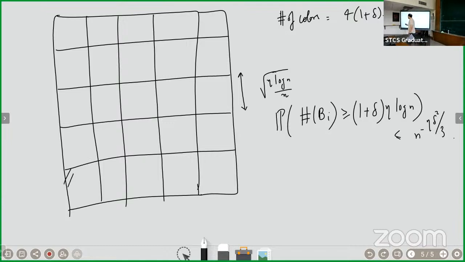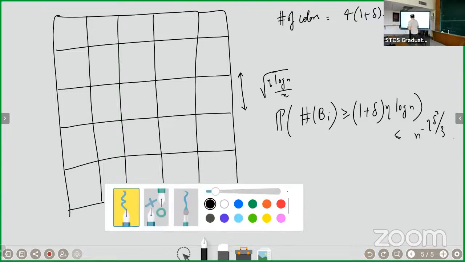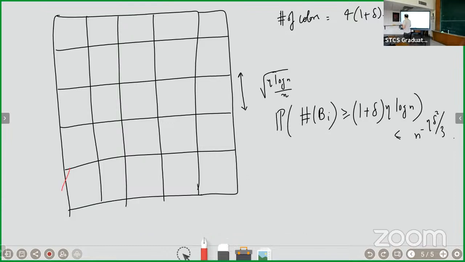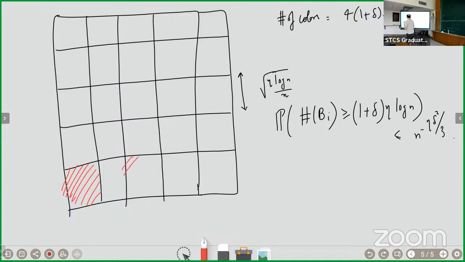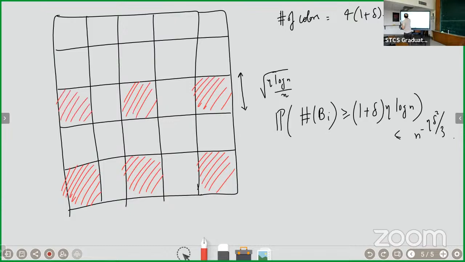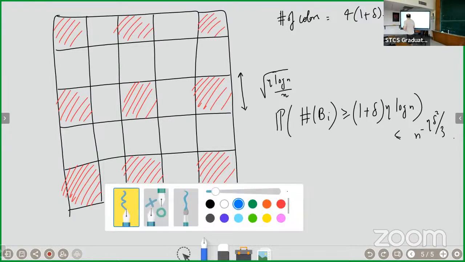Now I'm going to color it with these particular colors. You're getting the drift.